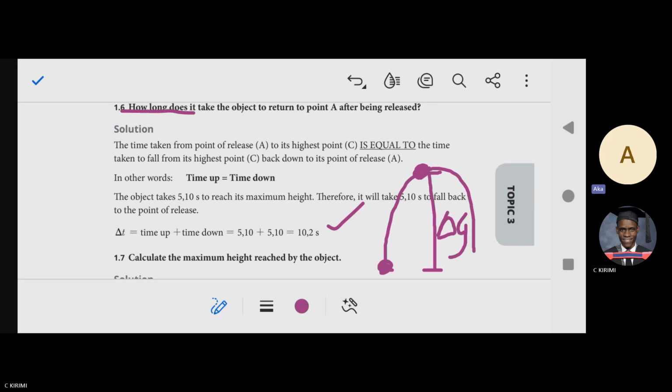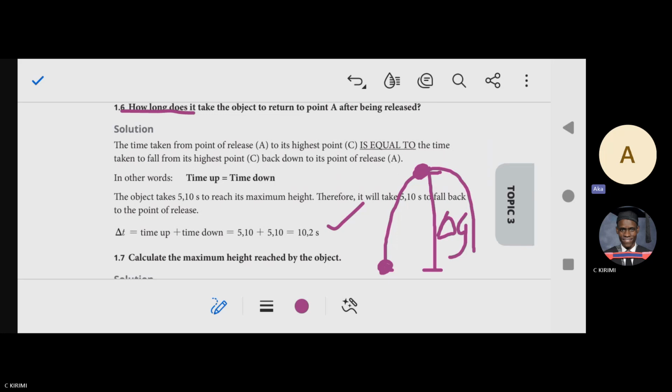VF is there. V initial is there. Delta T is 5.10.